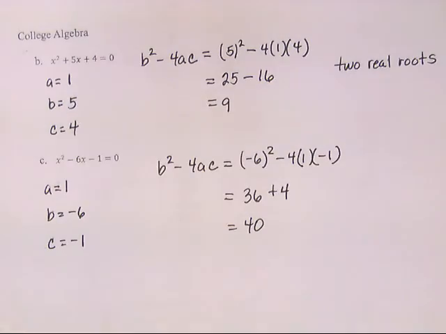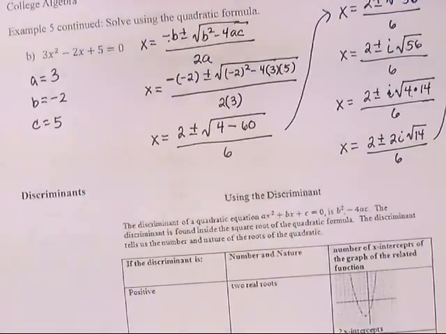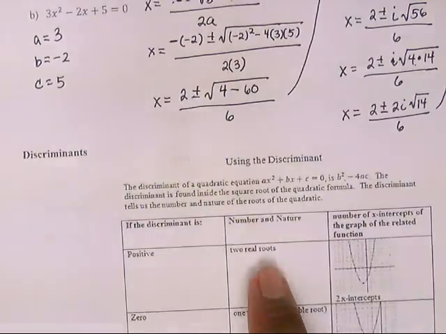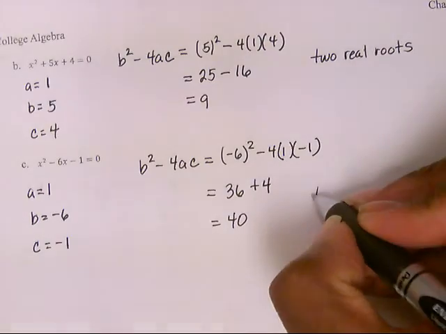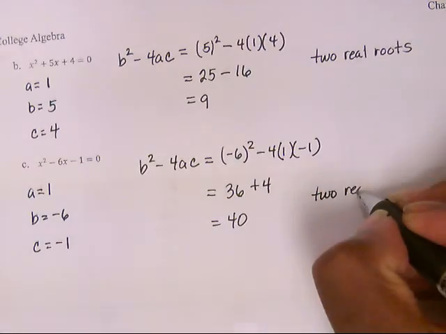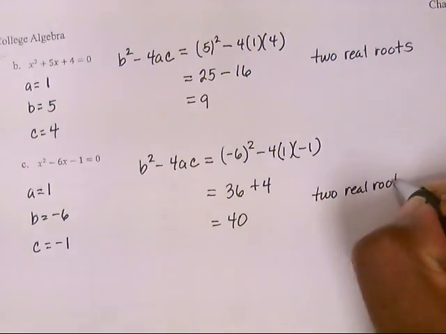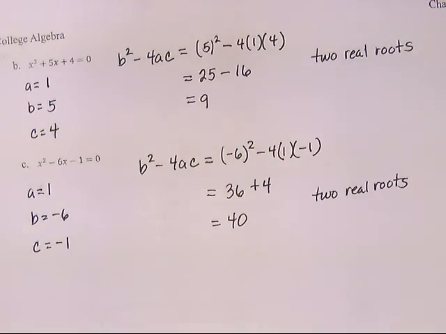The discriminant is positive, so again we're going to have 2 real roots for this quadratic equation. 2 real roots. Okay, so that will complete this particular video on quadratic equations and the methods of solving quadratic equations.